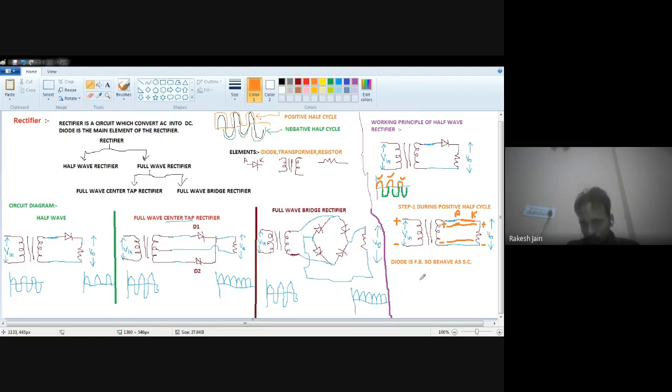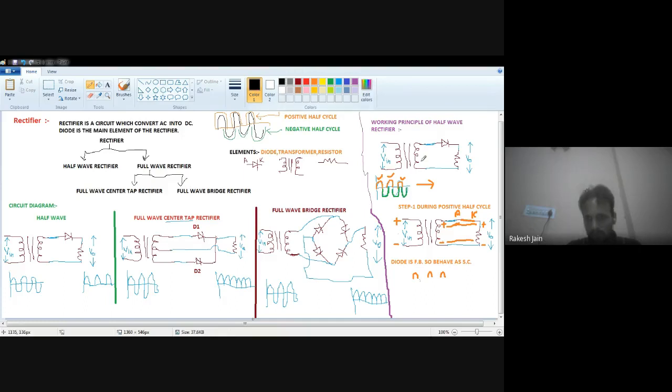So at the output, we will find the positive half cycle as it is. And in step number two, by collecting these two waveforms of positive half cycle and negative half cycle, the overall waveform will be generated. So during the positive half cycle, definitely my output will be like this.